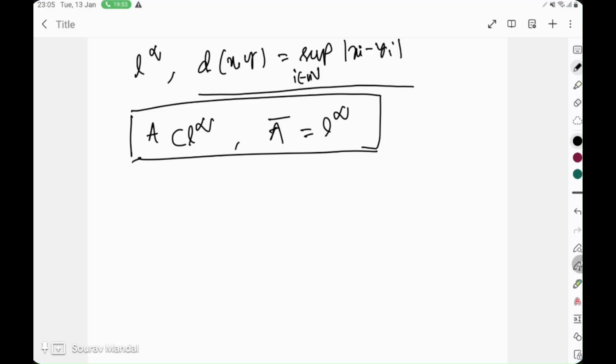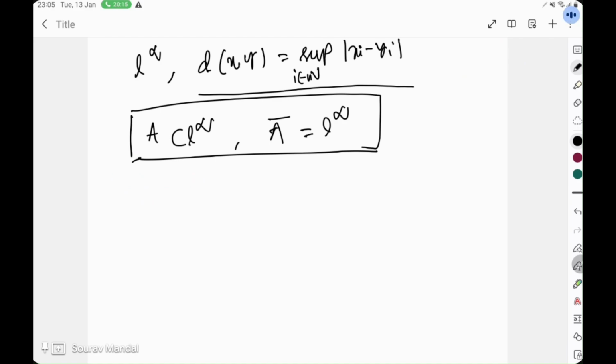So if the space is not separable, then what happens? There exists no such A whose closure is L infinity.